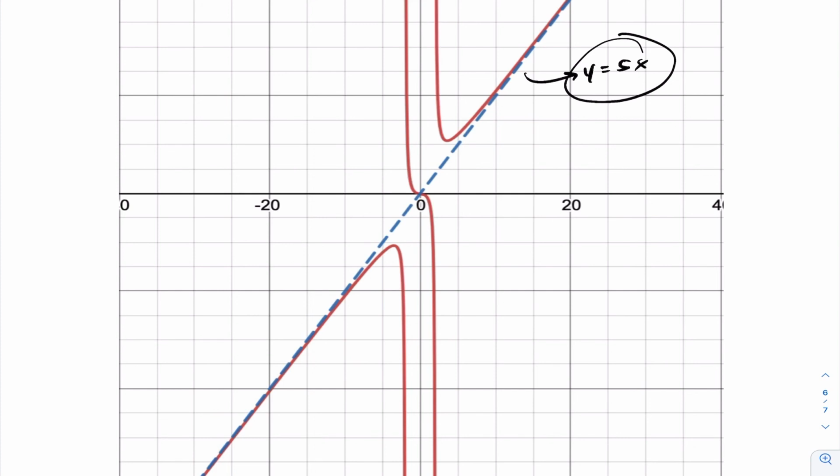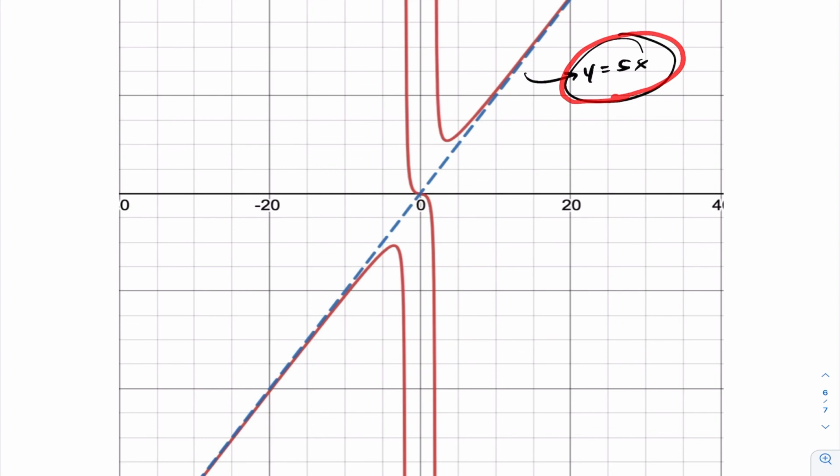A function can cross a horizontal asymptote, but as x gets infinitely large and infinitely small, that rational function will either tend towards its slant asymptote, like we have here, or towards its horizontal asymptote, as we talked about in previous examples. So you can cross slant and horizontal asymptotes, and this is one example of crossing a slant asymptote, because that cross happens where the function is defined, and you can cross at this value.